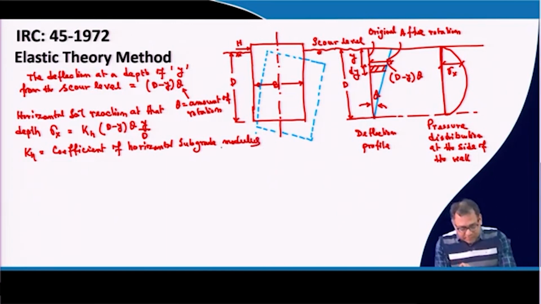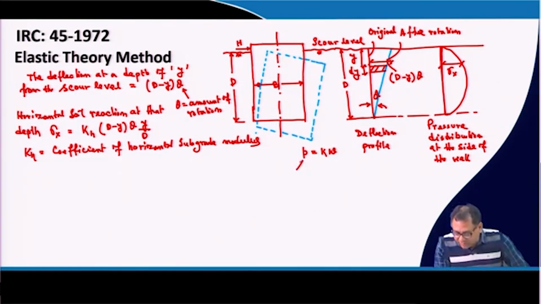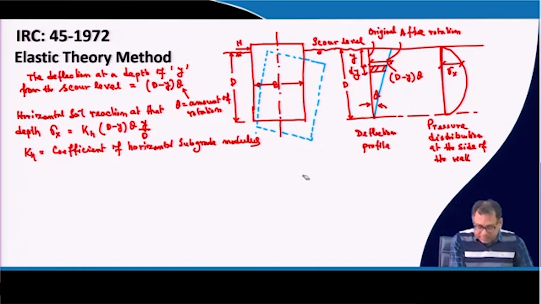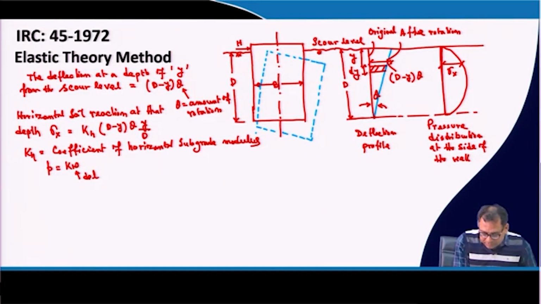We know that for the subgrade modulus, P is equal to K into W, where W is the deflection and P is the stress.